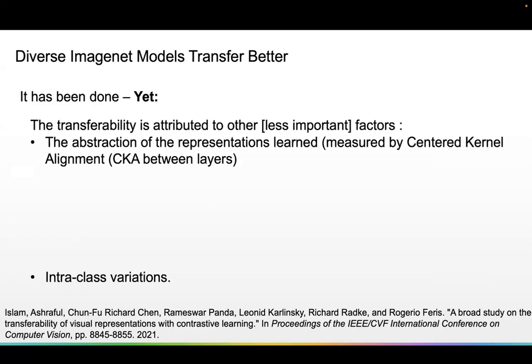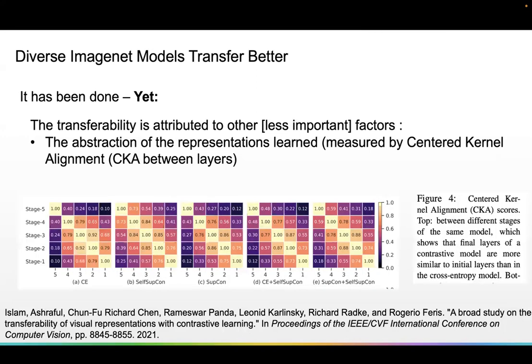But all of those previous works mostly attributed the increased transferability to different measures over the activation maps or the feature representation learned by the pre-trained models. For example, the abstraction of representation learned, measured by the central kernel alignment between different layers.